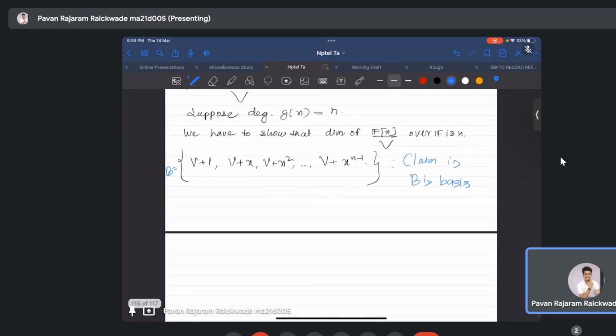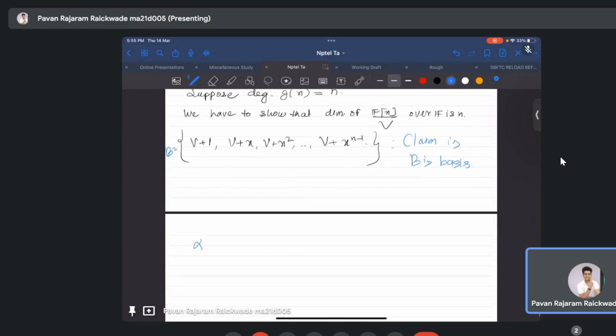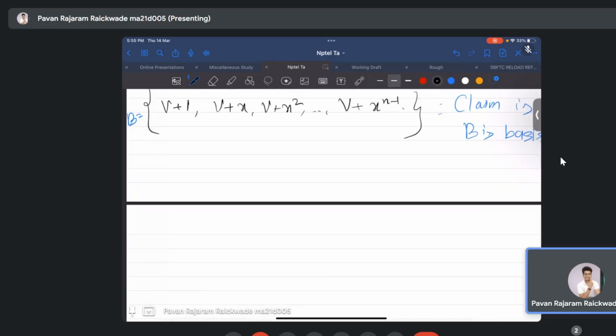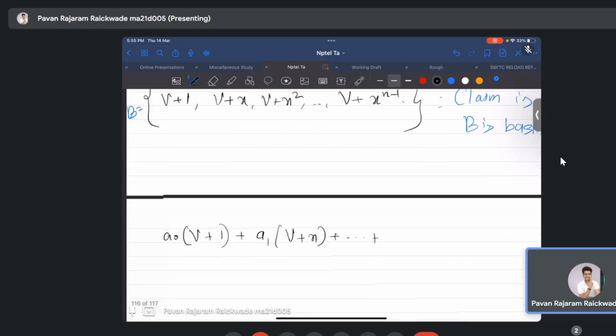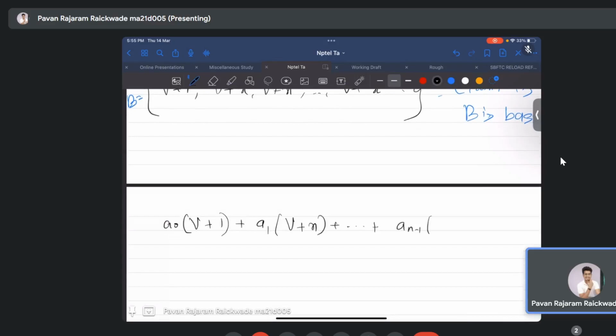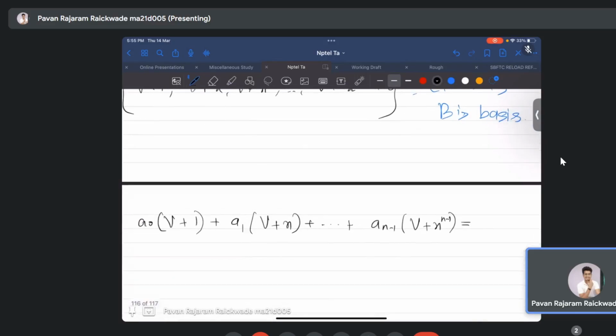So suppose we take the linear combination a naught (V plus 1) plus a1 (V plus x) up until a n minus 1 (V plus x raised to n minus 1) is 0. But what is the 0 here? The 0 here is V itself, right? Because that's how the quotient group is defined.